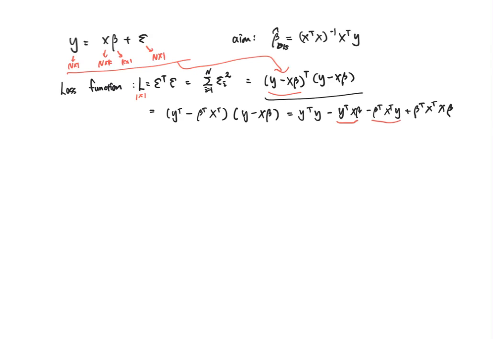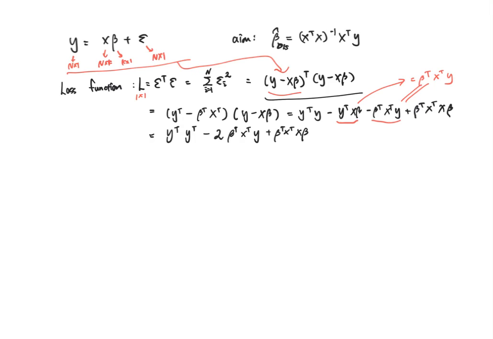If you transpose y transpose x beta, it becomes beta transpose x transpose y, which is equal to the other term. So I can write the whole thing as y transpose y minus 2 times beta transpose x transpose y plus beta transpose x transpose x beta.